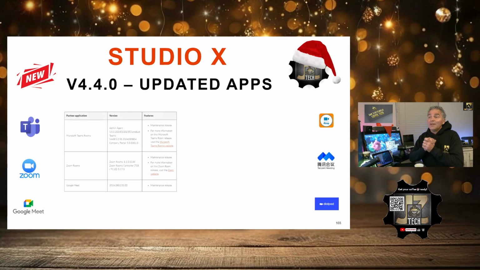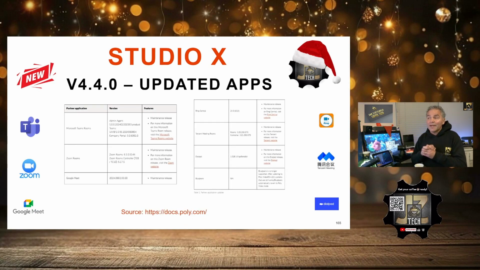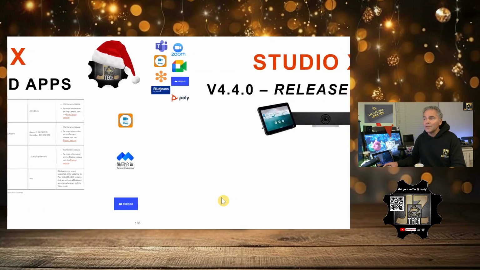And finally, with version 4.4, I can only mention this not enough: look at the release notes. Here you find an overview of all the applications and the versions, and also the references to the vendor and the different websites. docs.poly.com is really your way to go.